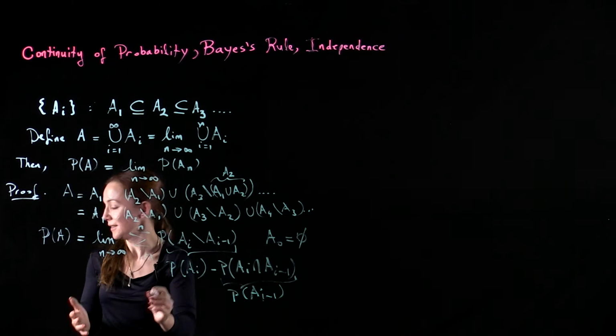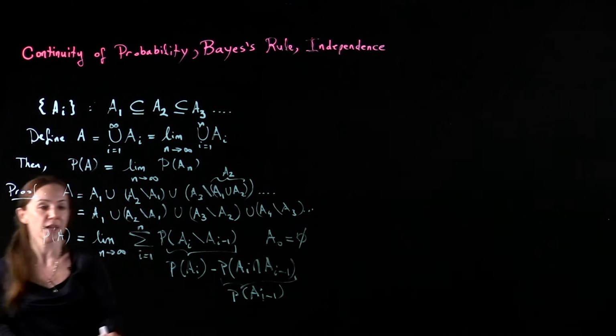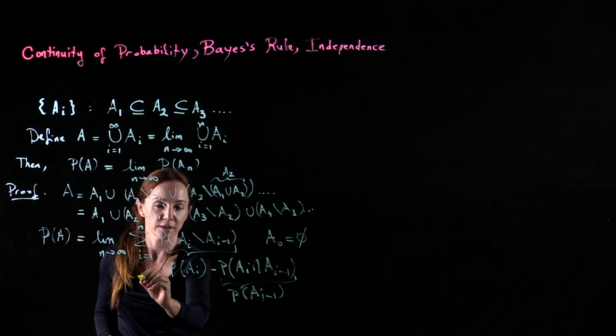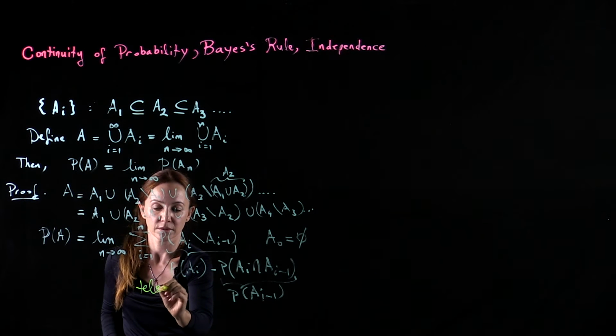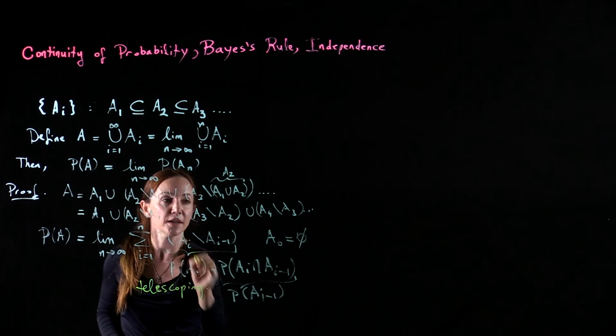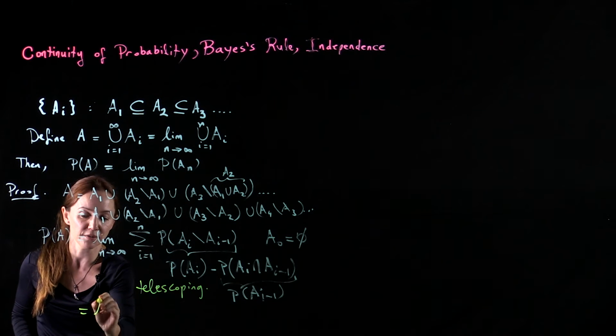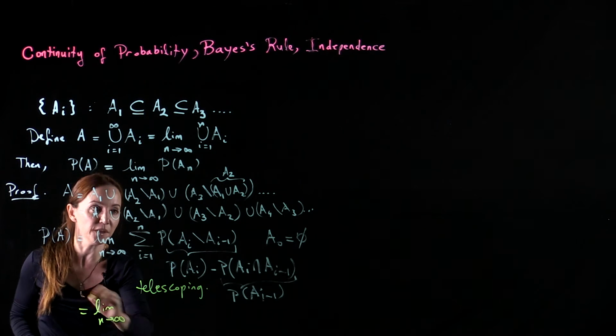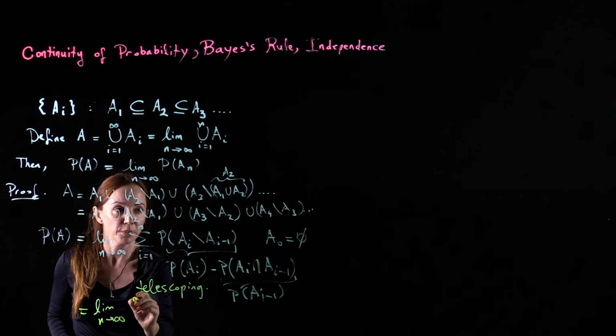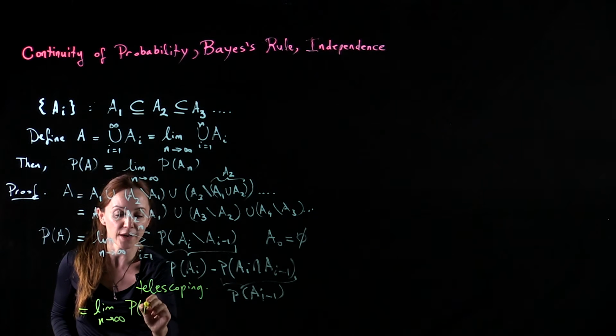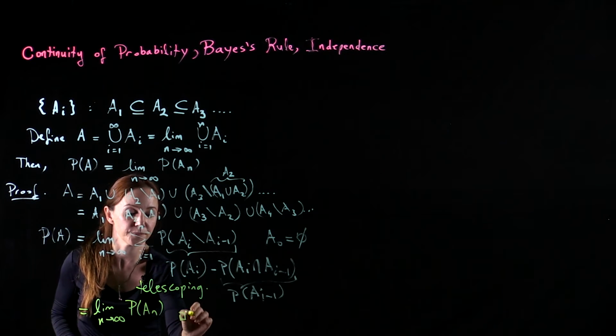Okay, but then this whole thing is a telescoping summation, and therefore we have the limit as n goes to infinity of P of A_n, and we're done.